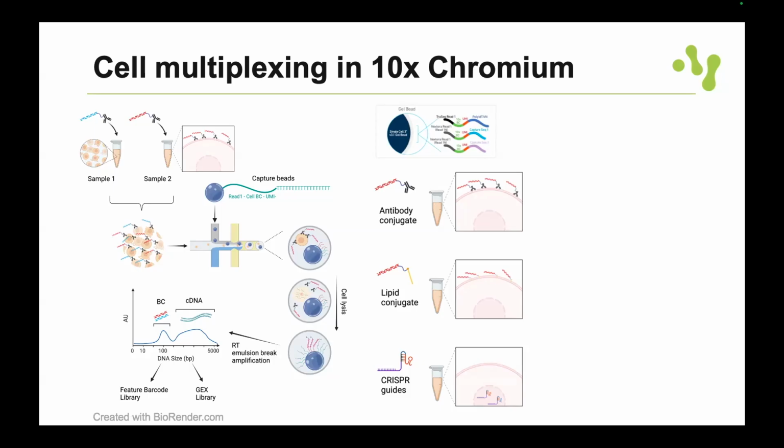But of course, if you load too many cells, there's also a risk of having more doublets. I'm not talking so much about doublets, but I mentioned that you also have empty droplets where you don't have cells. Of course, you want to use the capacity of the kit.